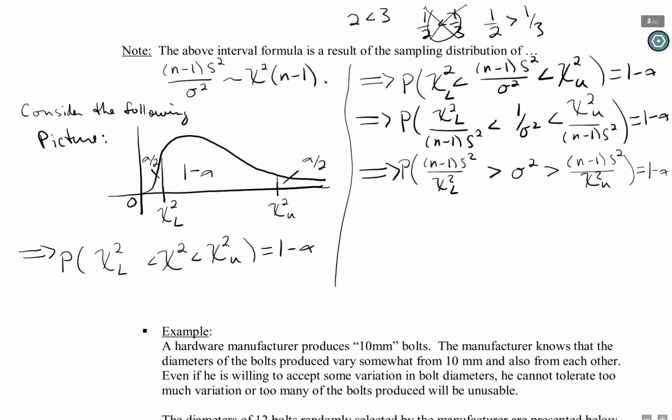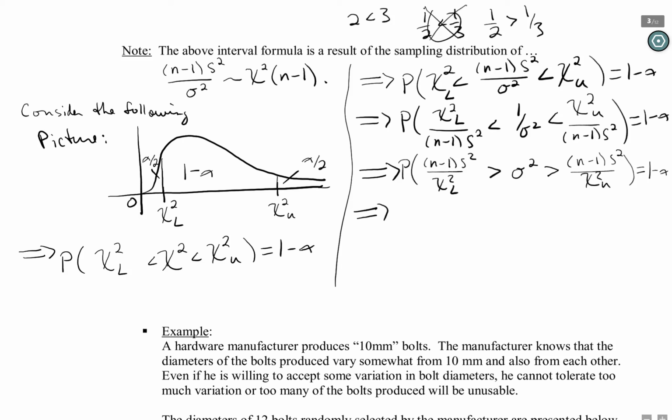Okay, so almost there. Now you could stop here, but typically when we think of inequalities and we're reading them from left to right, we like them to be in the less than direction.